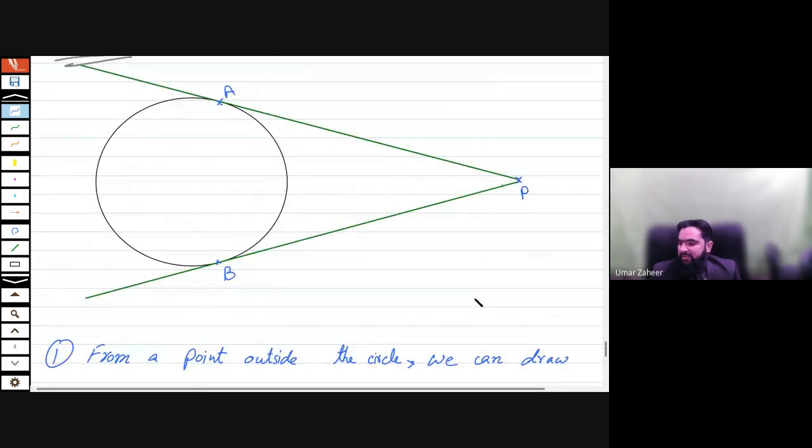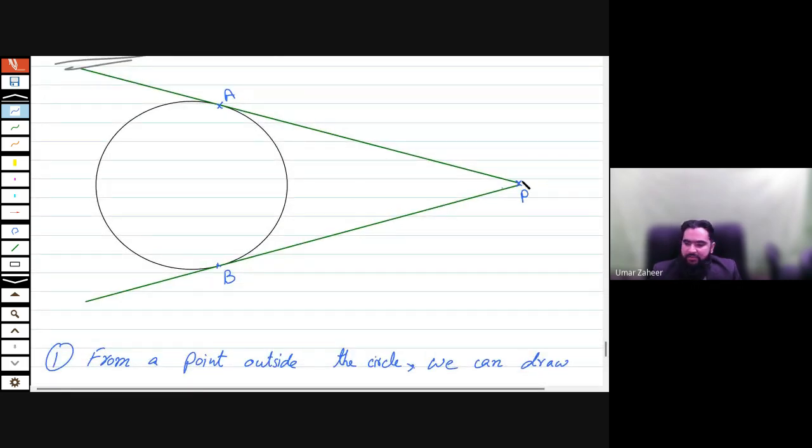Look here. Here we have the point P. So we draw two tangents, PA and PB. Yes, the first property is clear.